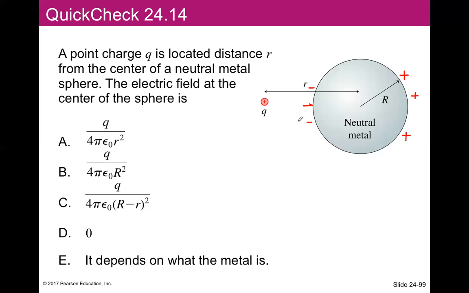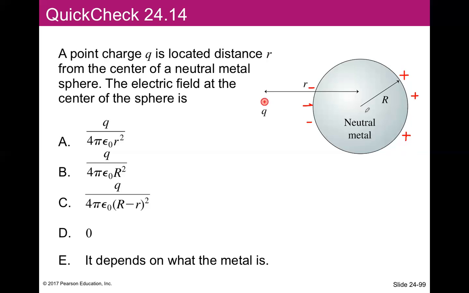If there were a way to calculate how many negative charges are induced on the left and how many positive charges on the right, and what their distributions are, then you could use Coulomb's law, because you can replace the metal object by fixed charges if you know the distribution. But that will be very complicated.